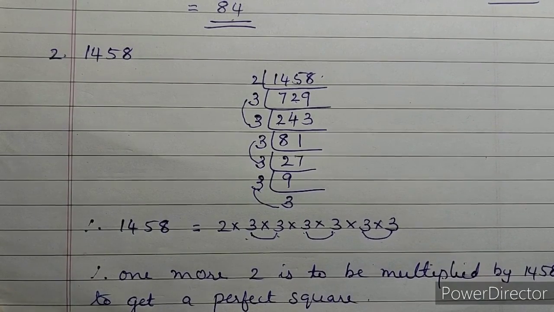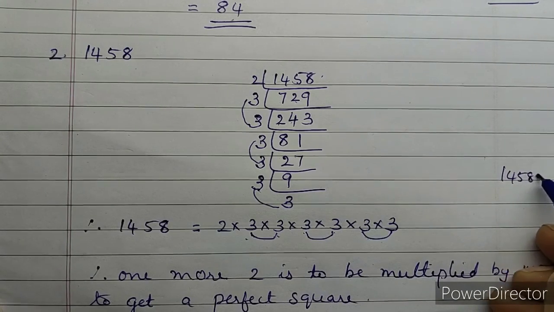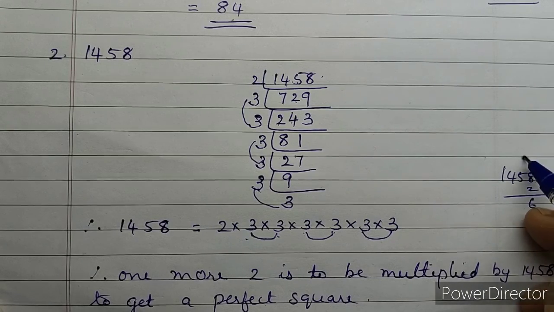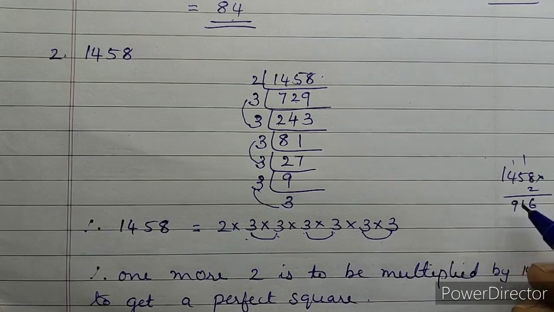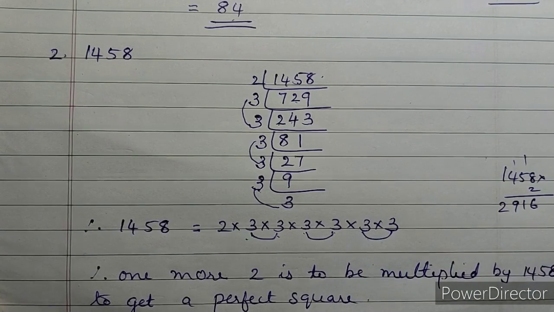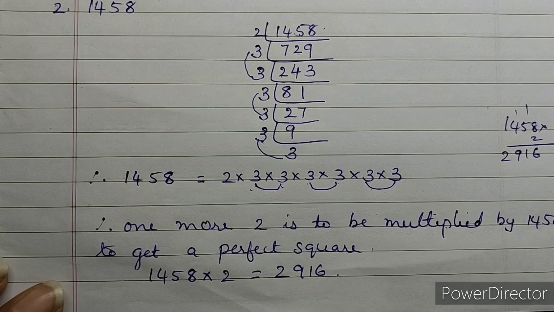So 1458 into 2, how much it will come? 2916. So 2916 is the perfect square.